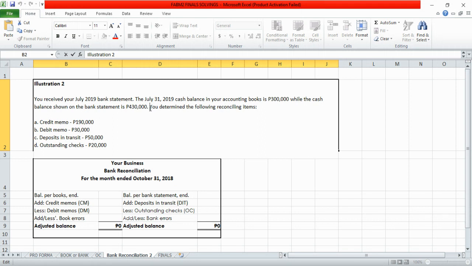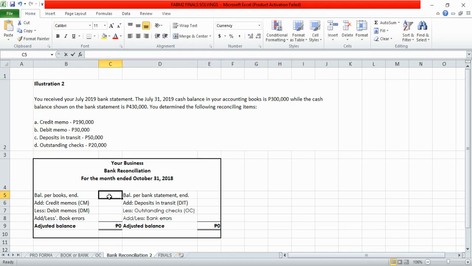So we have to reconcile and identify which items to reconcile. We are given the credit memo, debit memo, deposit in transit, and outstanding checks. So let's have this for our balance per books. How much is it again? That is 300,000 pesos.